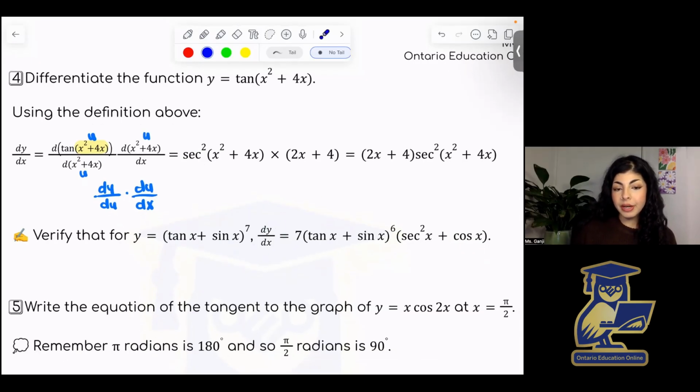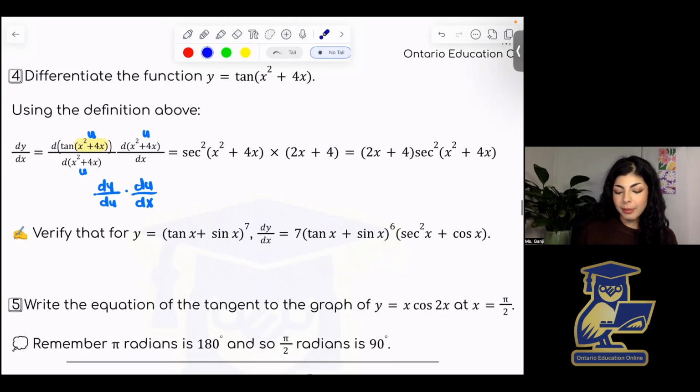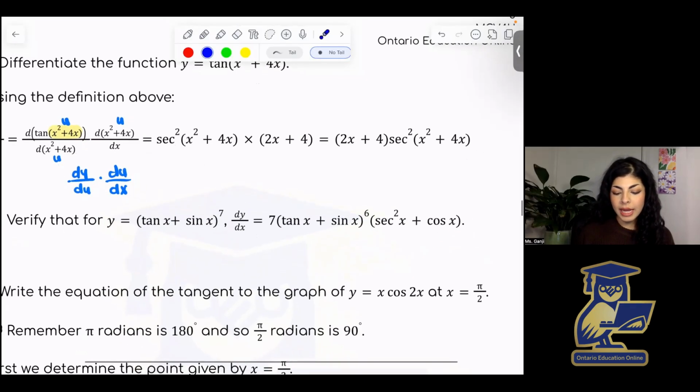So to find the derivative here, what we're really doing is the power rule, so 7, and then we subtract 1 here, and then the derivative of the internal function. So tan of x, this is secant squared of x. This is really the sum rule here because it's two functions. And then sine of x has a derivative of cosine of x, so we just add it as such.